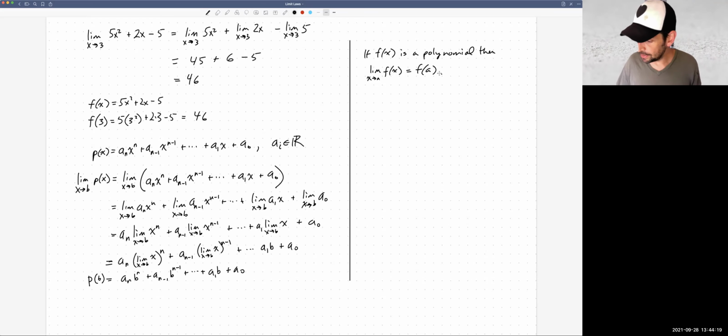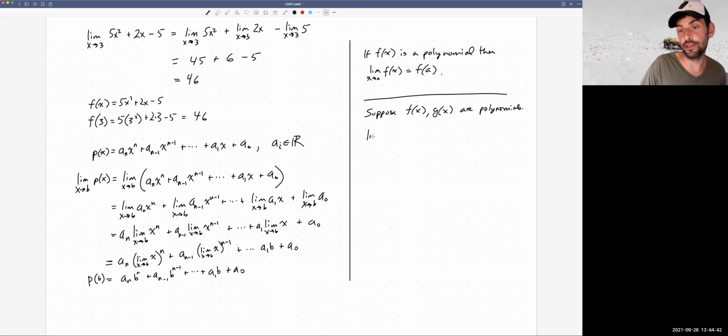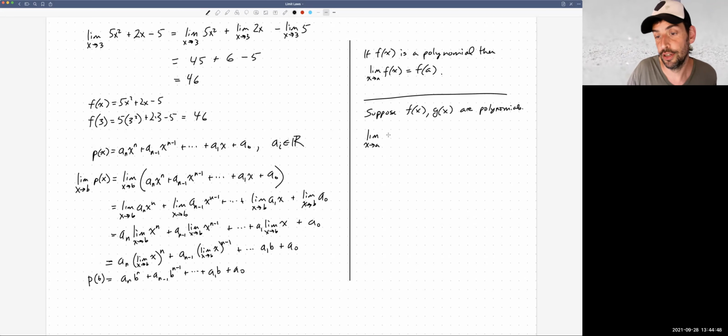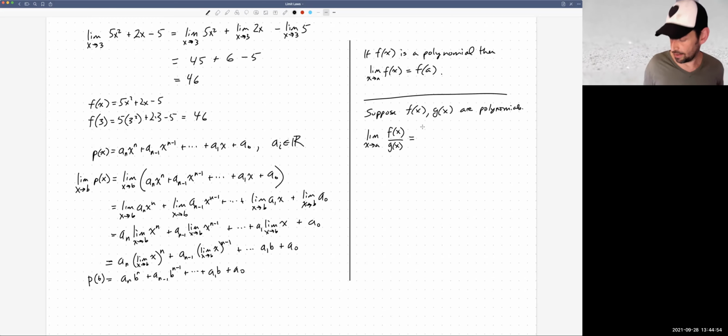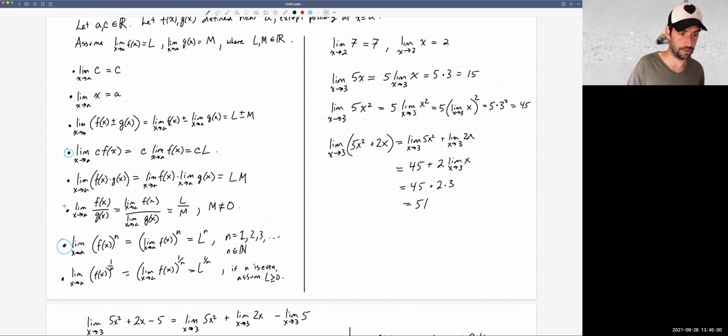Let's add one last piece in this video before we get to some more complicated examples. Suppose f of x and g of x are polynomials. If we want to compute the limit as x goes to a of f of x over g of x, well, we have that quotient rule for limits right here.